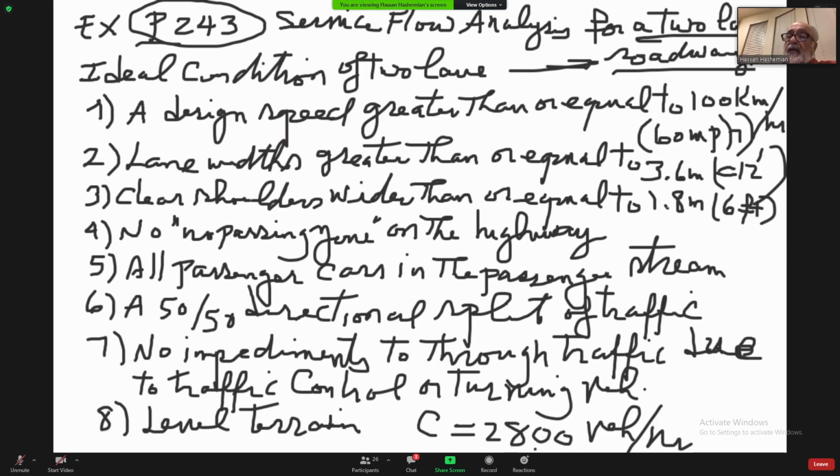Okay, now let's look at an example of how we can calculate that. There's an example given to you on page 243.